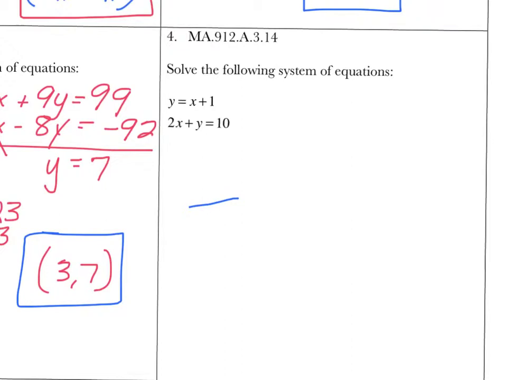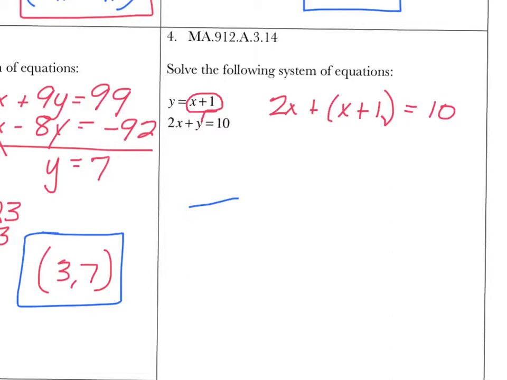I'm going to take this x plus 1, and I'm going to put it in for the y right underneath it. So that's going to give me 2x plus x plus 1, that's my y value, equal to 10. So in front of parentheses, I have a positive 1.